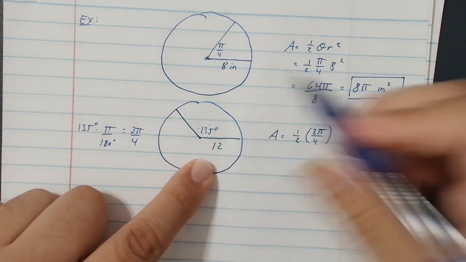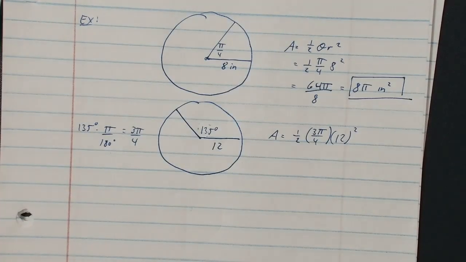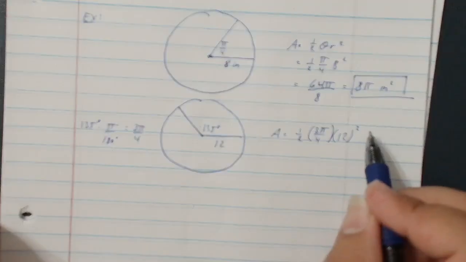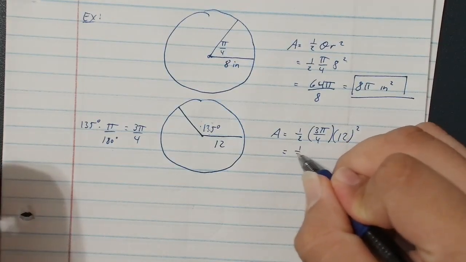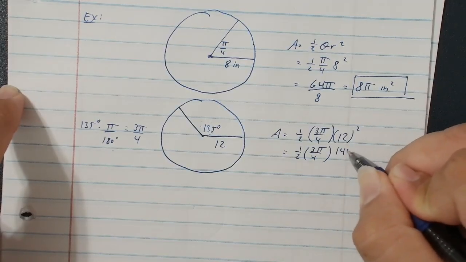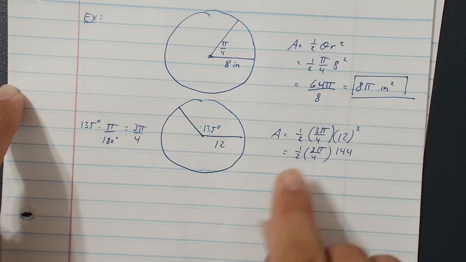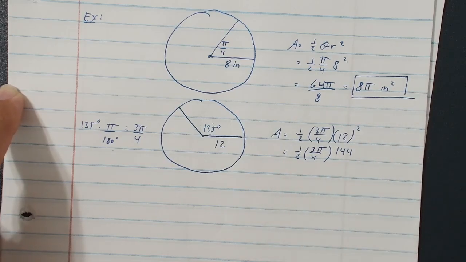And then r is 12 squared. Here we can go ahead and square that. 12 squared is 144. I can actually reduce that a little bit. So this is half times 144.